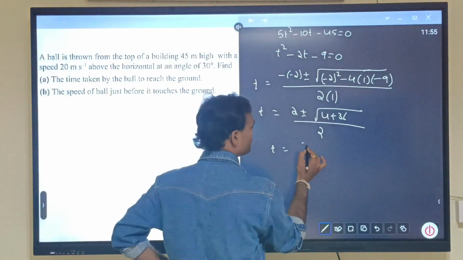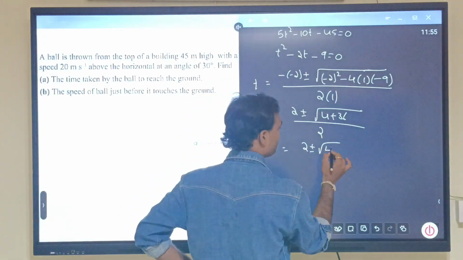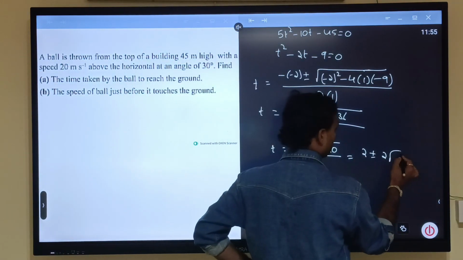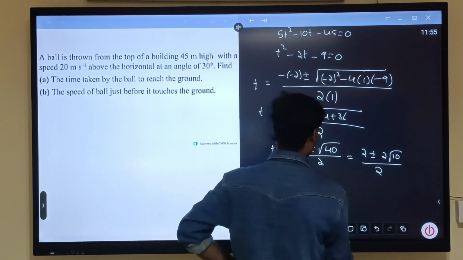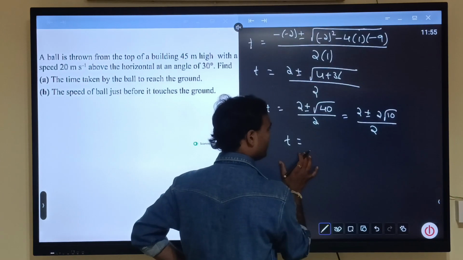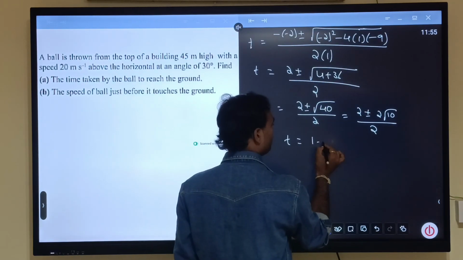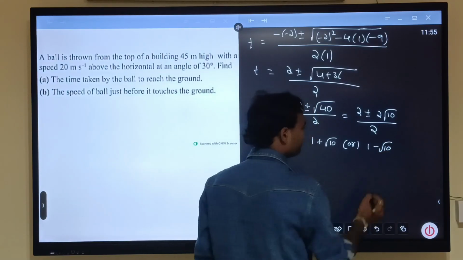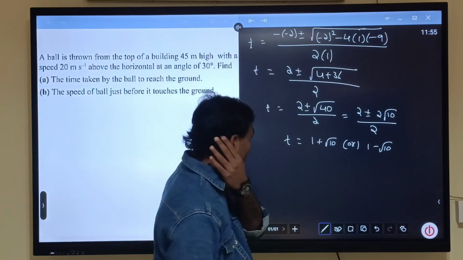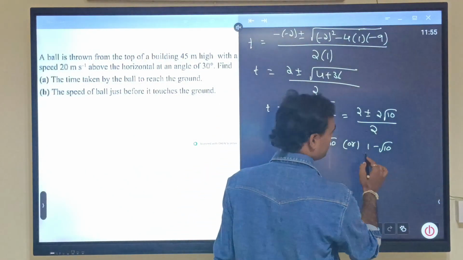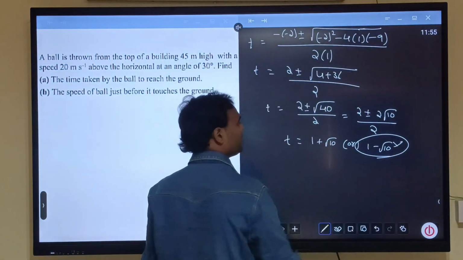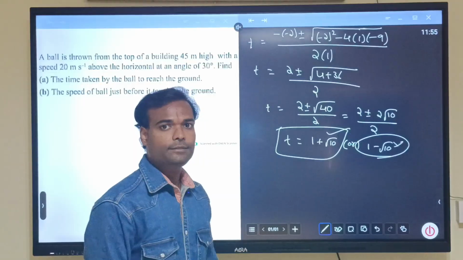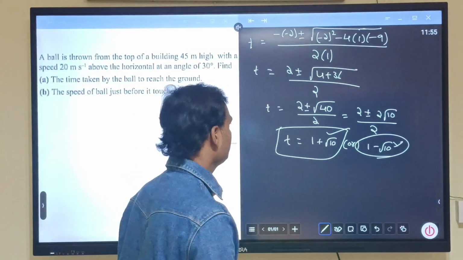Then t equals 2 plus or minus root 40 by 2, that is 2 root 10 by 2. So the t value will be 1 plus root 10 or 1 minus root 10. Root 10 is obviously greater than 1, so the negative one will be cancelled. So the time will be 1 plus root 10, right?